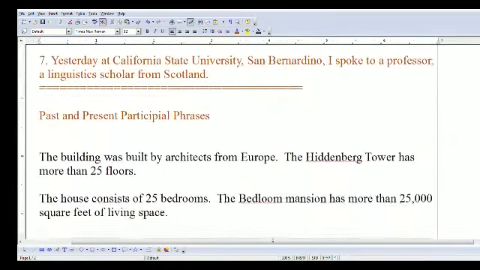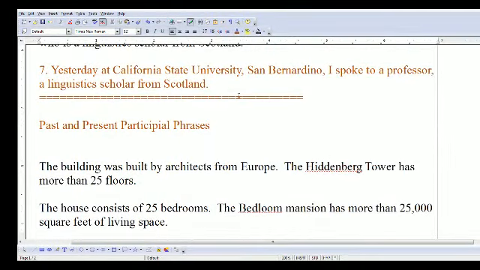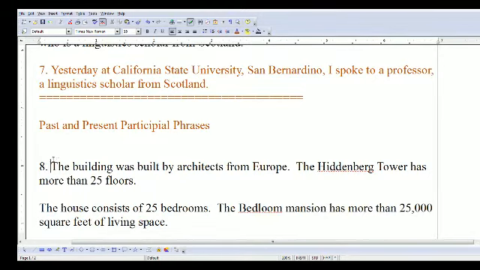Okay, so now we go to example number 8. Here, so we have, the building was built by architects from Europe. The Hindenburg Tower has more than 25 floors. You see this?